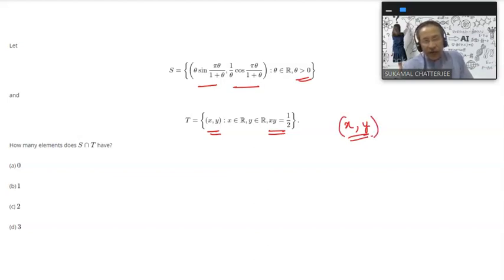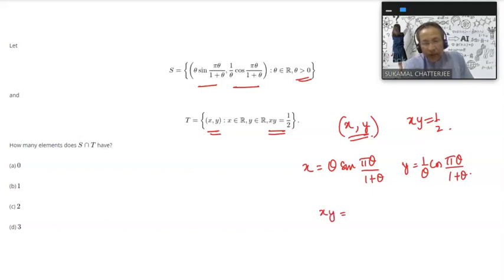If it has to be part of T, then xy has to be half, and if it has to be part of S, then let x be equal to theta into sine of pi theta by 1 plus theta, and y be equal to 1 by theta into cos of pi theta by 1 plus theta.